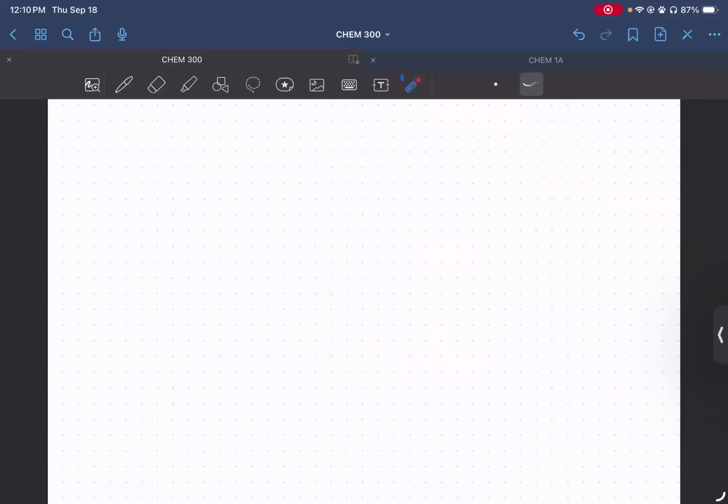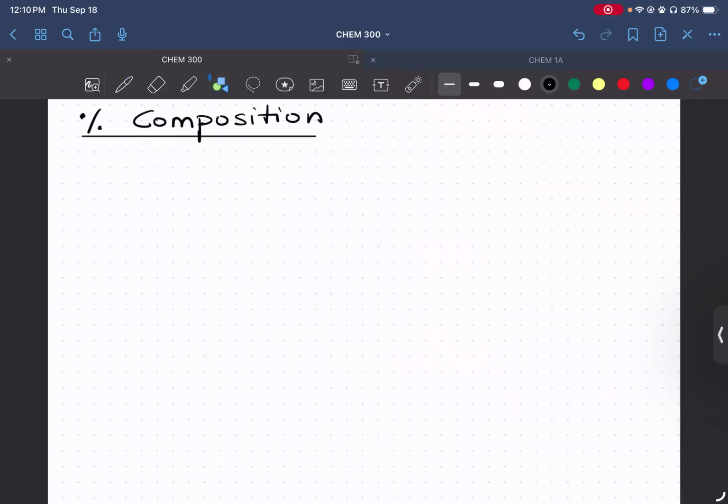Continuing our discussion of the mole, one term that becomes very useful to understand is percent composition. And the easiest way for me to describe to you what percent composition is to tell you the formula first.